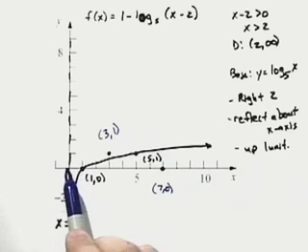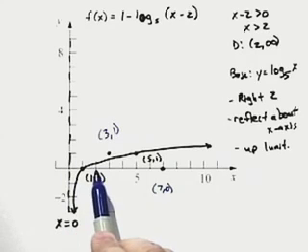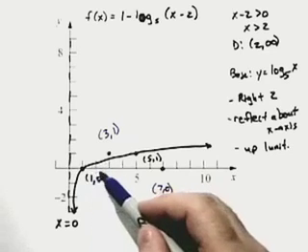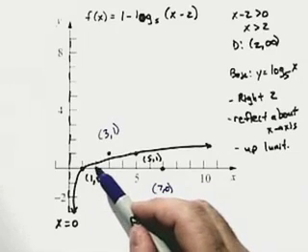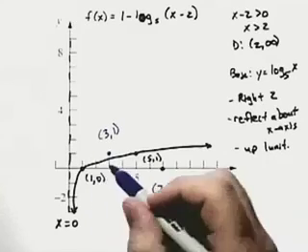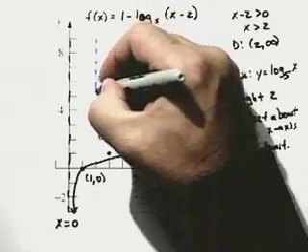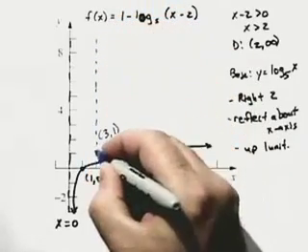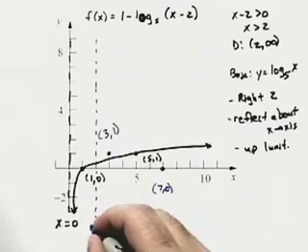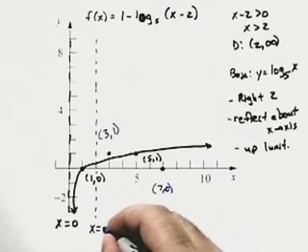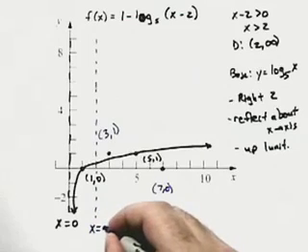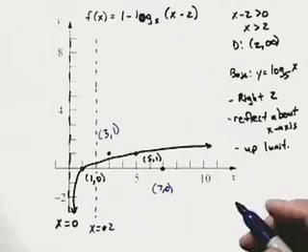If we go right 2 units, we're at x equal to 2. Reflecting about the x-axis doesn't affect the vertical asymptote. Neither does shifting up 1 unit. So for our function, we have a vertical asymptote, x equal to positive 2.